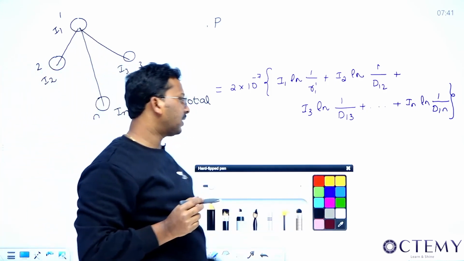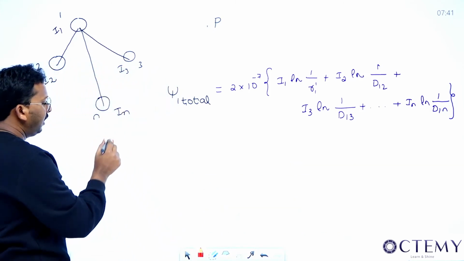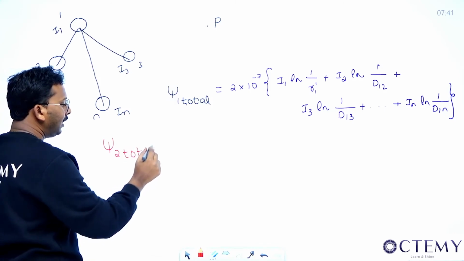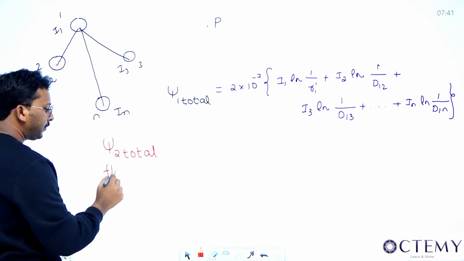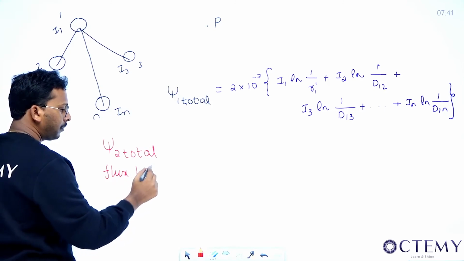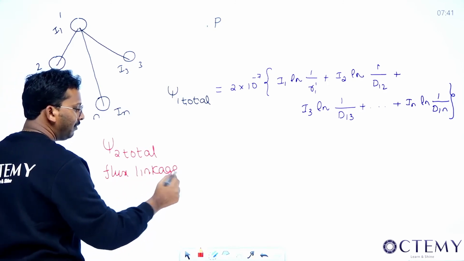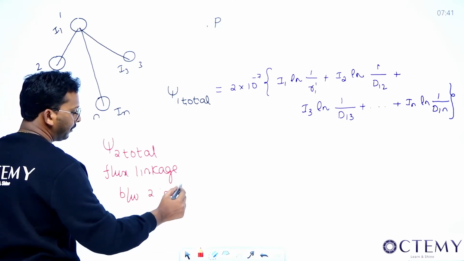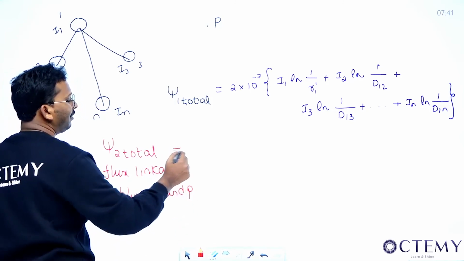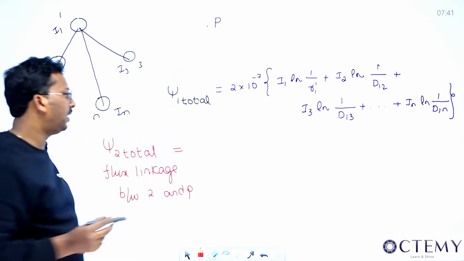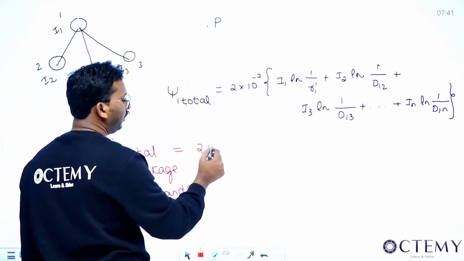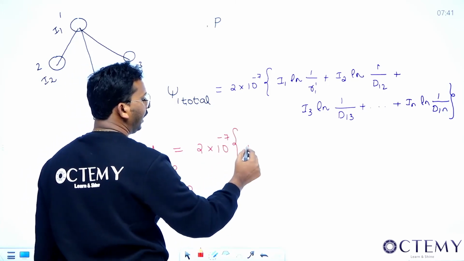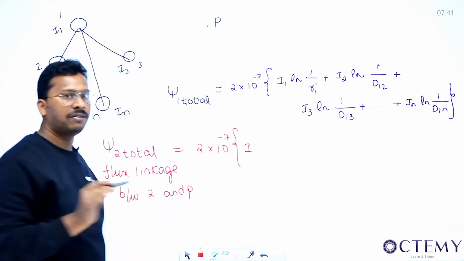Similarly, let me write the flux linkage. If I want to write phi 2 total, what is the meaning of phi 2 total, sir? It is flux linkage between the second conductor and point P. That should be equal to, the same formula I'll try to apply, sir. Whatever we have seen here, we'll try to apply that. So that should be 2 into 10 power of minus 7 into I1, the first one, let us write I1 only.